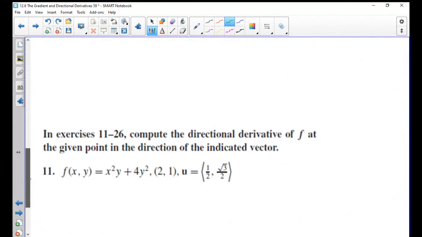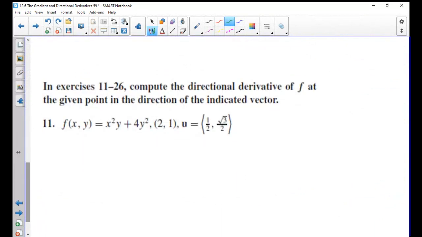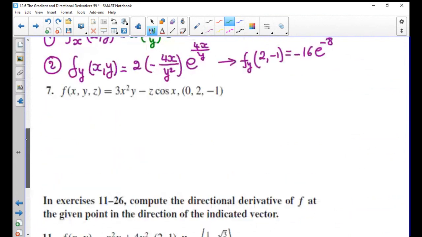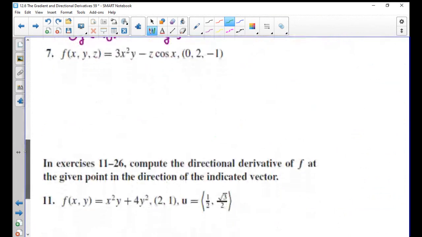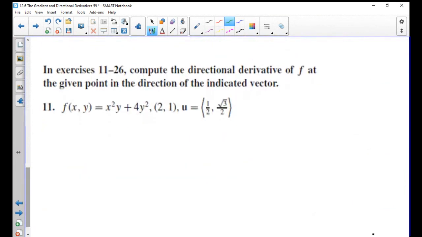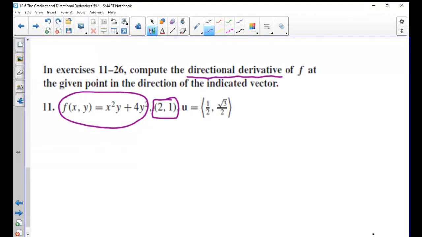Let me continue with some of these exercises. We did, of course, number 5. Number 7, I will leave it to you. You can do that. Now, in question 11, we want to find the directional derivative of f, being this function, at the point 2, 1 in the direction of this vector.